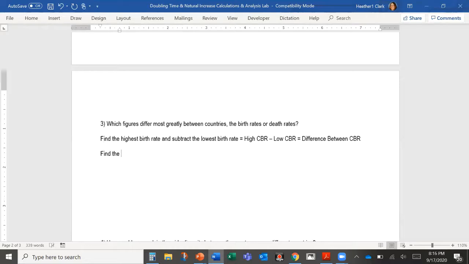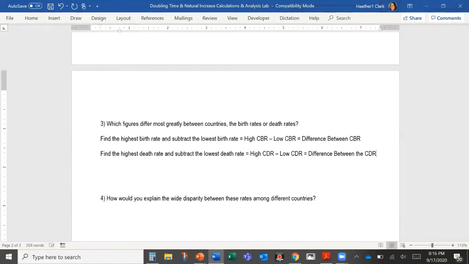Then you're going to find the highest death rate and subtract the lowest death rate. All right, so highest CDR minus lowest CDR, and get the difference between the crude death rates. Then you're going to ask which one is bigger, which one is the greater number. So which one of these right here is greater, that's going to be your answer to number 3.